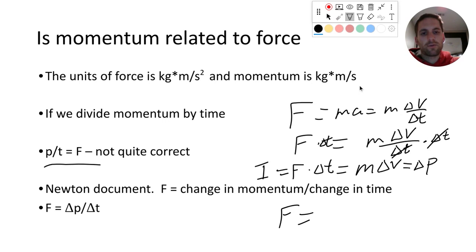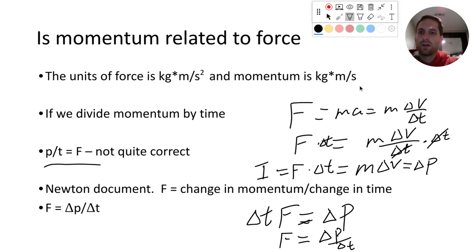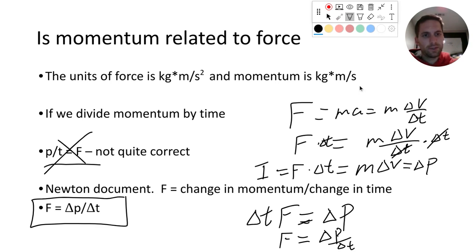When we solve for force from these two, it can equal change in momentum over change in time. So, not this one, this one. And here is our new equation.